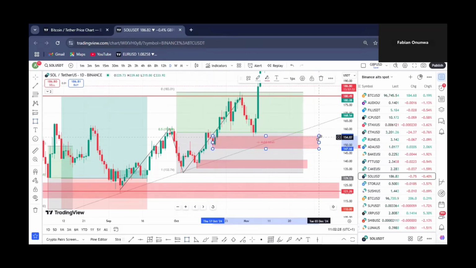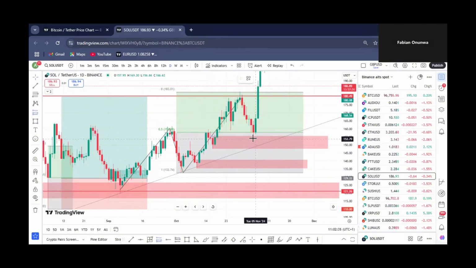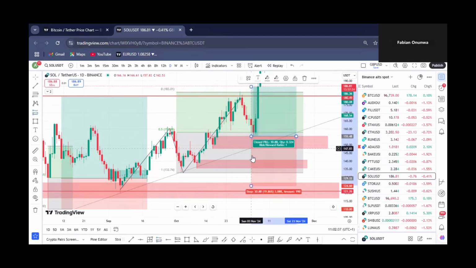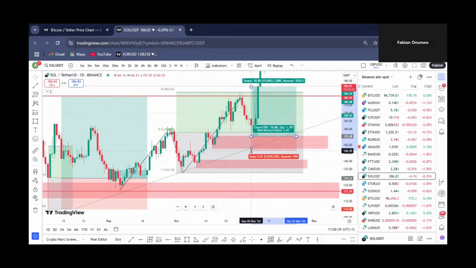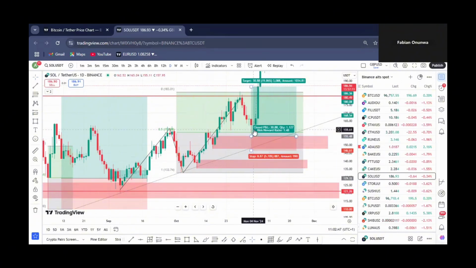Extend it like this. So this box is going to be your SL zone. When you want to enter your trade, your trade is going to start from the beginning of that box and the close of it. I just leave a small space like this, a little bit below it. That's how it's going to look.